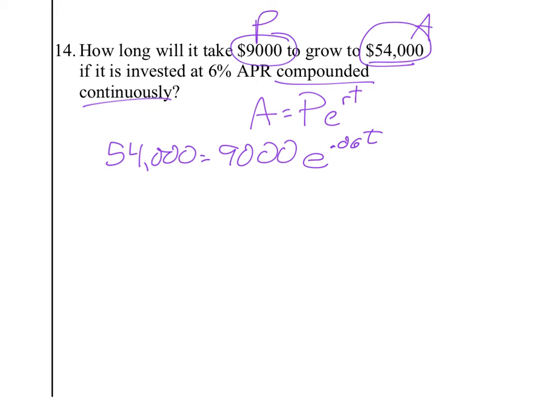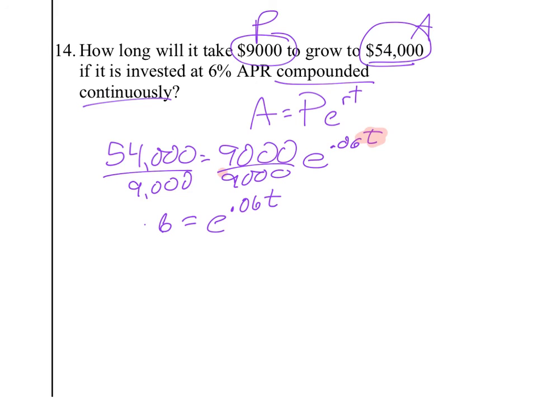Since t is in my exponent, I'm going to have to eventually use a natural log, or some kind of log. First, I am dividing by 9,000. So this gives me 6 equals e to the 0.06 t.